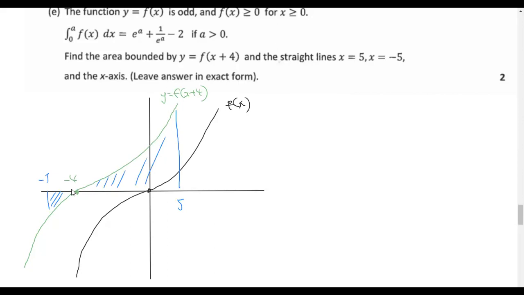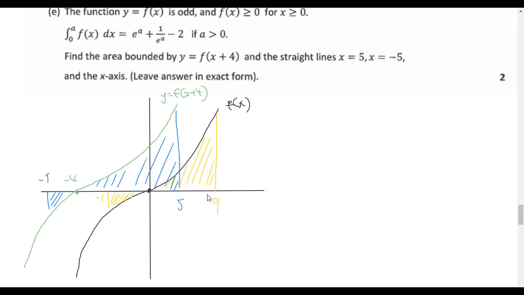But that's equivalent to just working out from negative 1 over here to 9 over here. That's the same area, and if you think of this as 0 to there, it's just the same as 0 to 9.